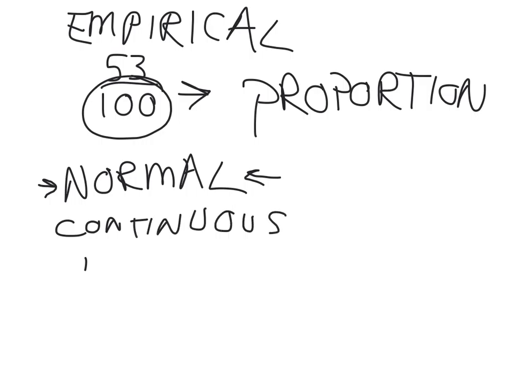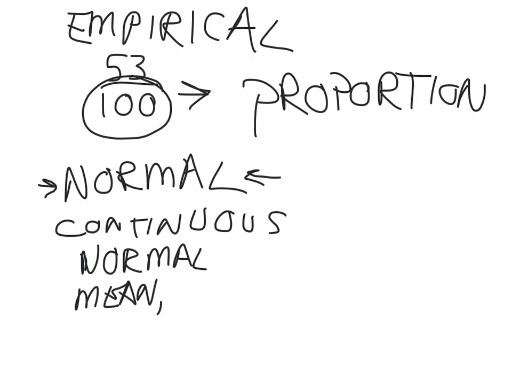In that case, you don't count so much anymore. You're going to use that normal curve to get your probabilities, and you'll get your mean and your standard deviation. And you can also get your probabilities just like we did before.